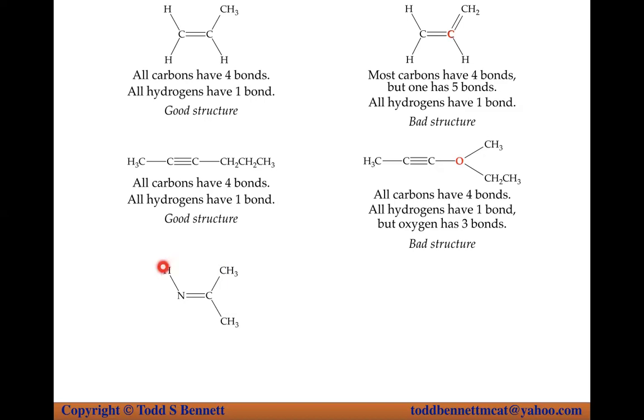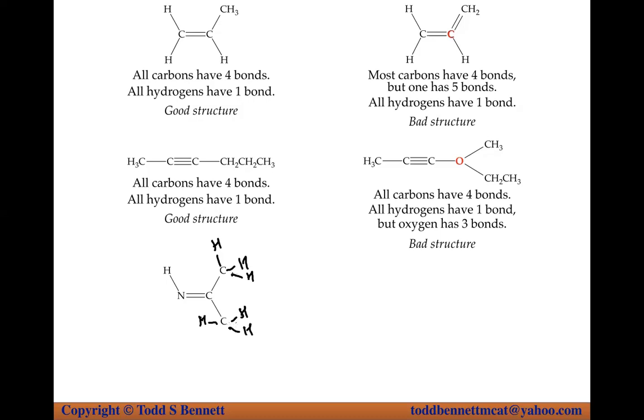The structure over here, H has 1 bond, again C with 3 H's. So I'm just going to draw the H's in this way. And then same thing here, this lower one, CH3 is 3 H's.